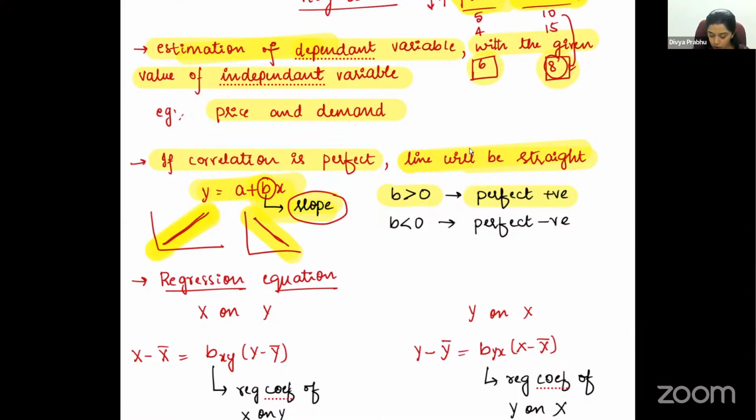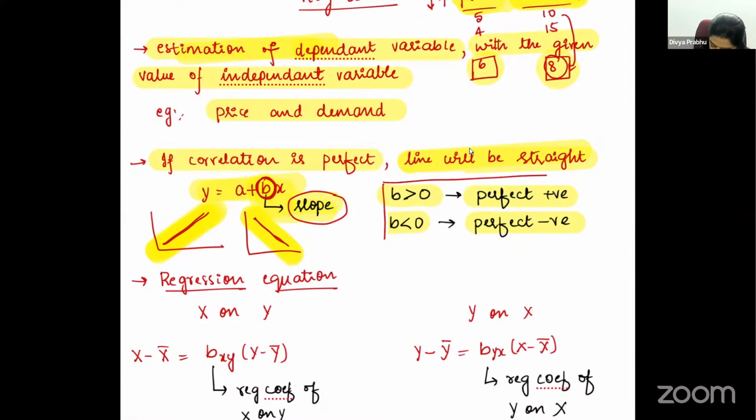If the value of b is less than 0, which means it is negative, your slope will be perfect negative, which means a downward slope. Linear equation means a straight line, but whether it's an upward or downward straight line depends upon the slope of the linear equation, which is b.